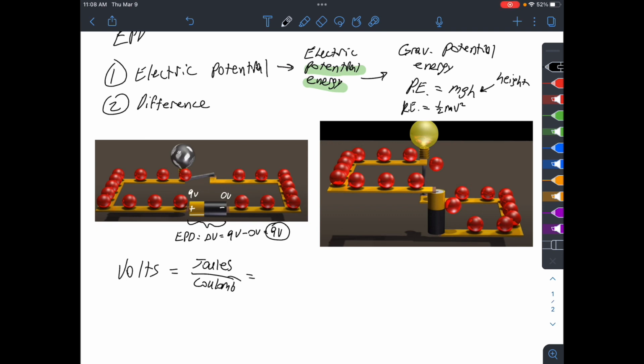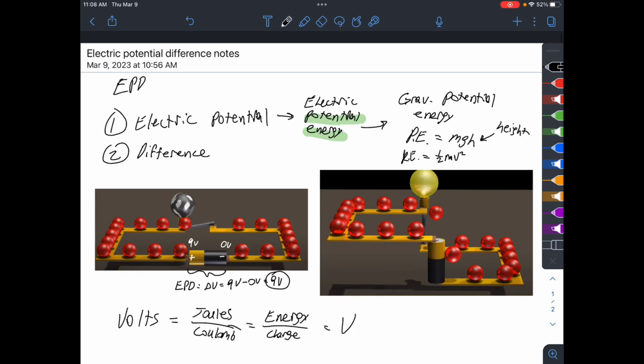And this kind of makes sense in terms of our analogy, because our battery is doing work, or it's giving energy to a charge. So the unit joules is a unit of energy over coulombs, which is a unit of charge. So how much energy is the battery giving each charge? That's what volts is. This is abbreviated to just the letter V.